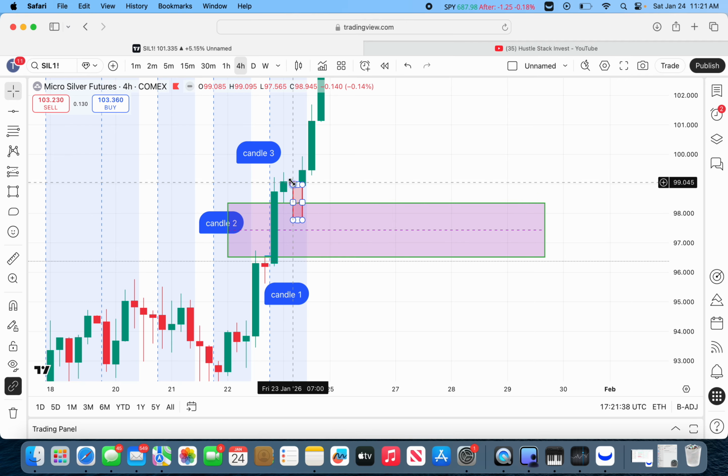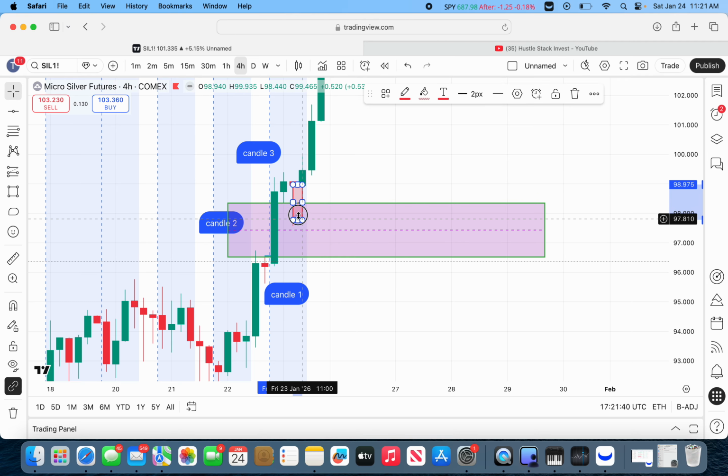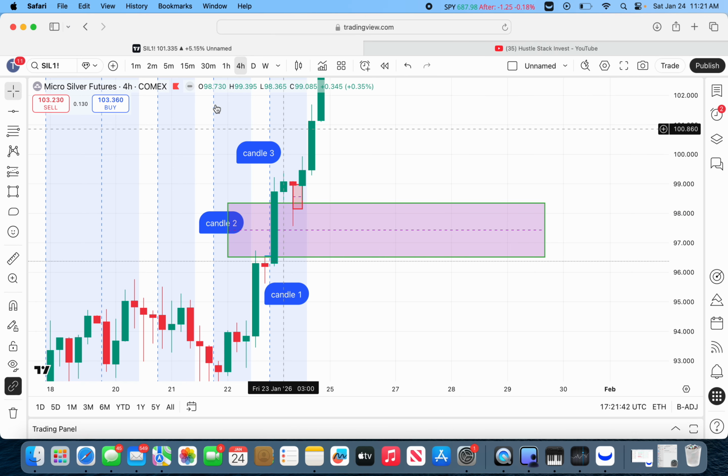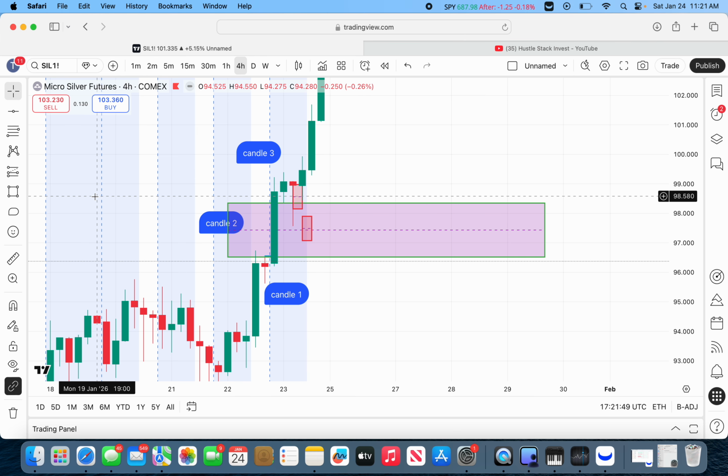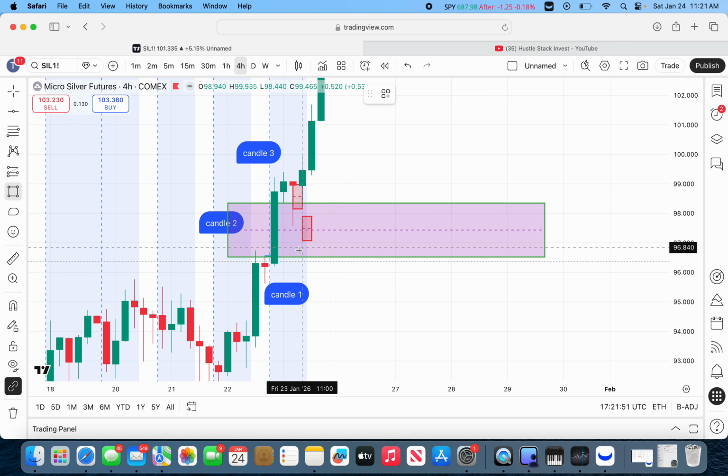So now we get a fair value gap to the downside, right? Like I said, it will basically look similar to this. If we got an inverse fair value gap, we would get one candle, then we'll get another candle, which will be inside of the area, and then we soon will get another candle that will be outside of the area, right?